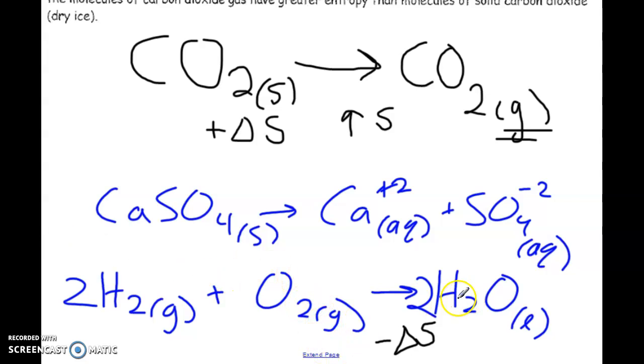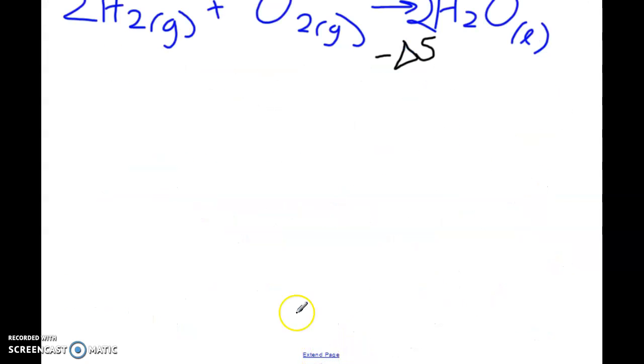Now, what if we had gases on both sides? What you would then do is compare the amount of moles for those gases. Let's take a look at a combustion reaction just for example.